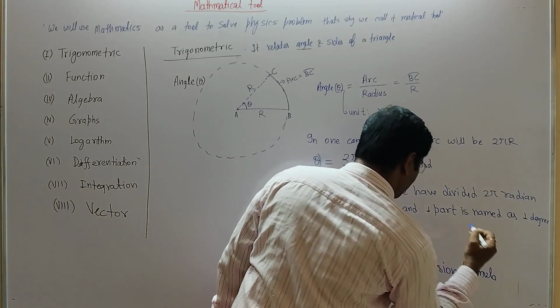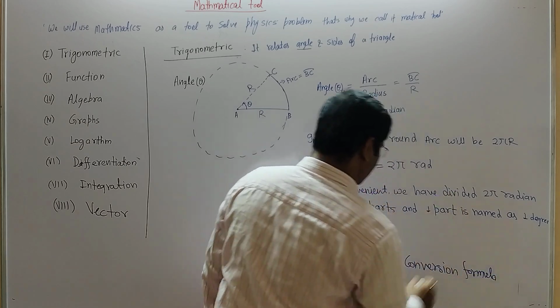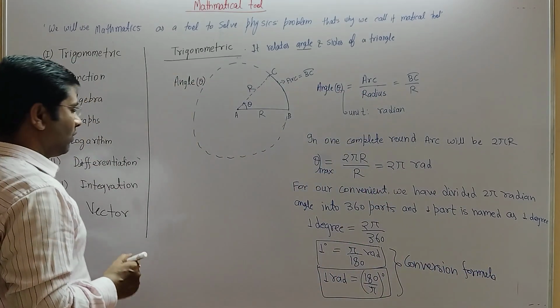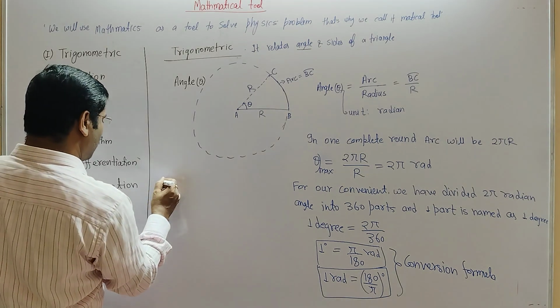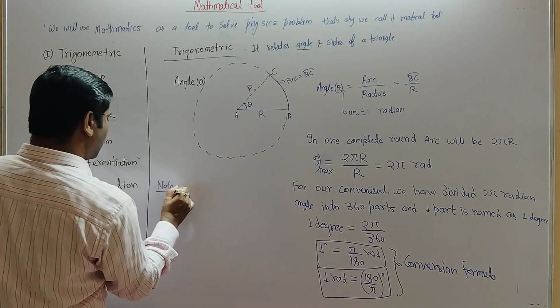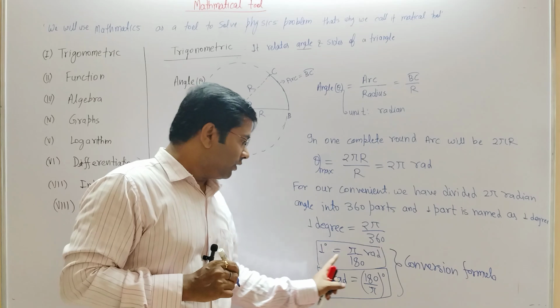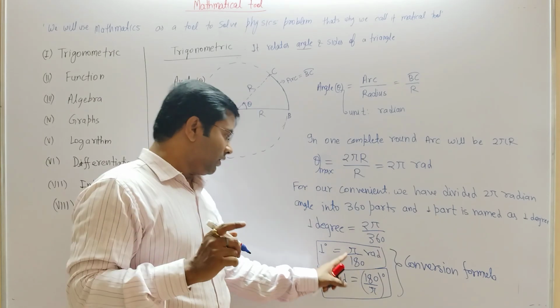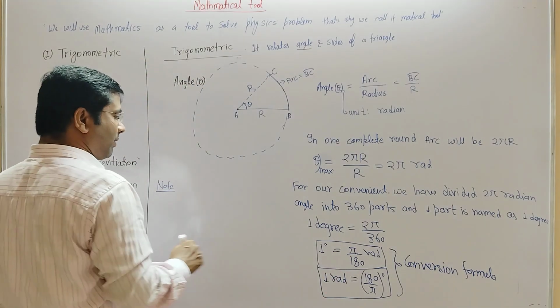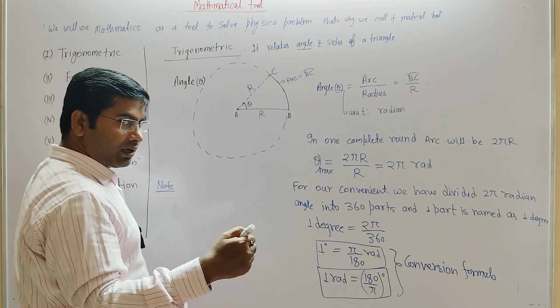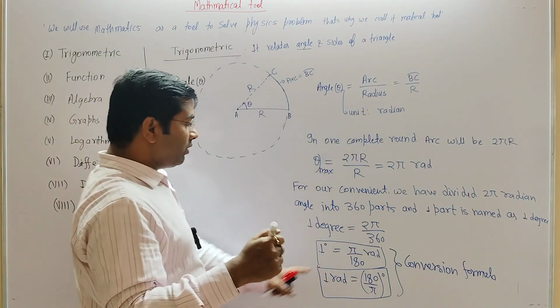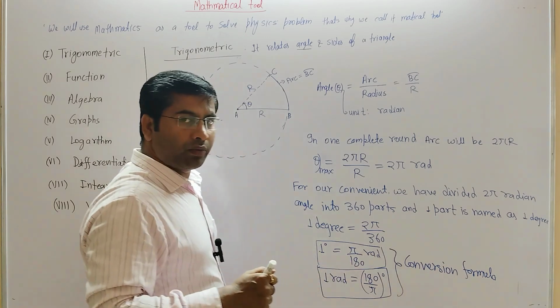So this is how you can convert radian to degree. One thing you have to remember: if you want to convert degree to radian, then what you have to do? 1 degree equal to this much radian, so let's say x degree. So x degree equal to x into pi upon 180.